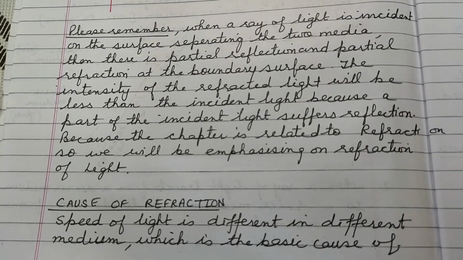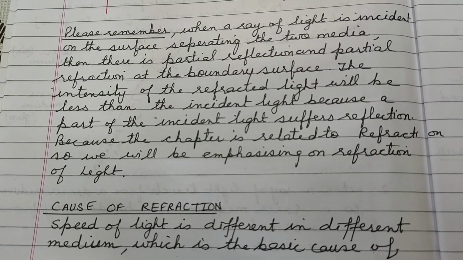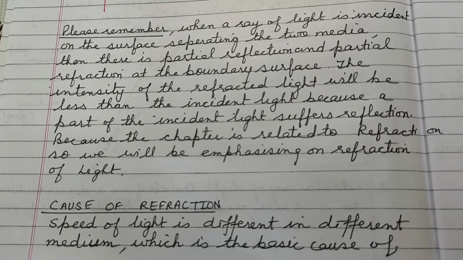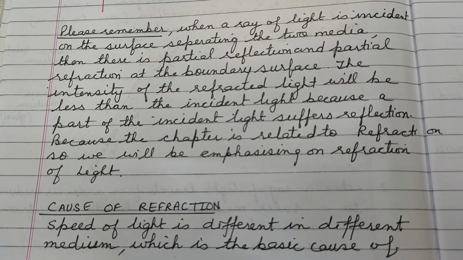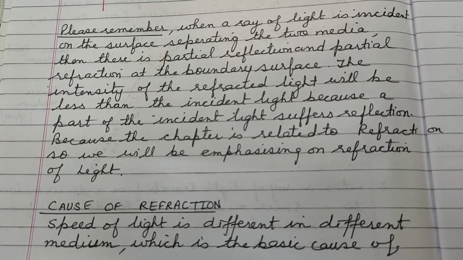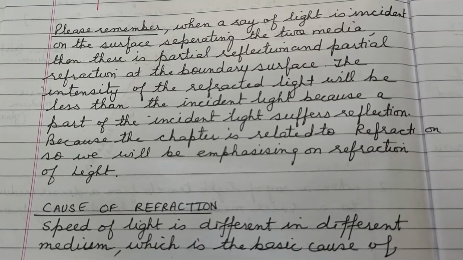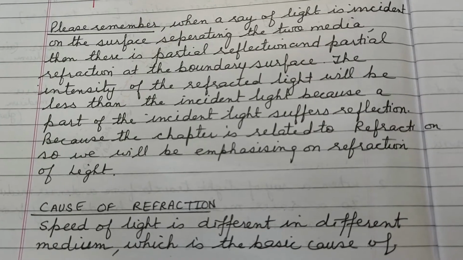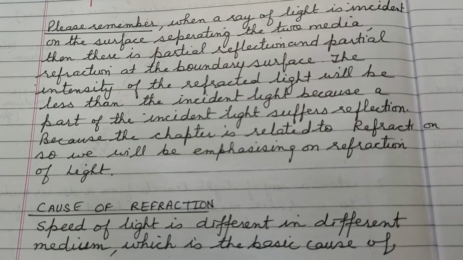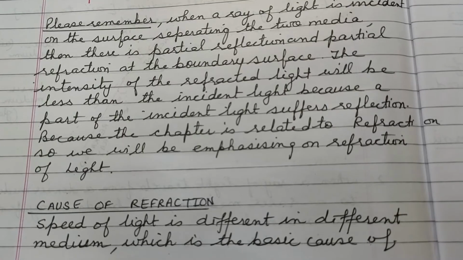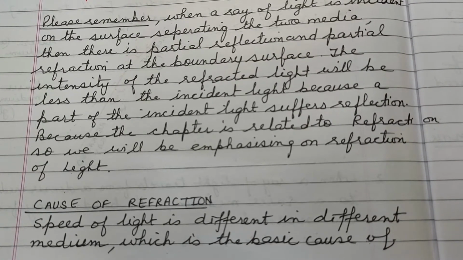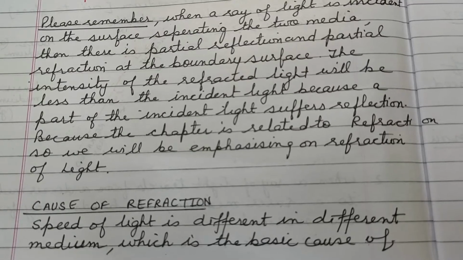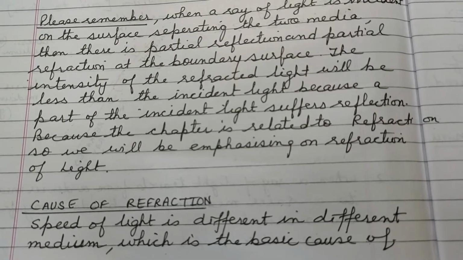You have to remember here, at the time of refraction of light, there is partial reflection also. But because we are studying in this chapter about the refraction of light, we are ignoring the reflected rays. While drawing the diagrams, we are not emphasizing reflection of light.